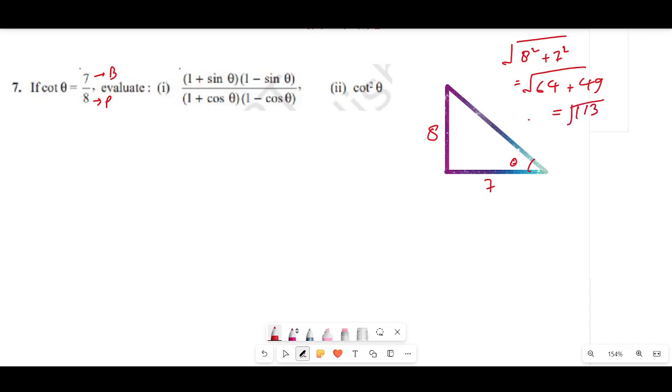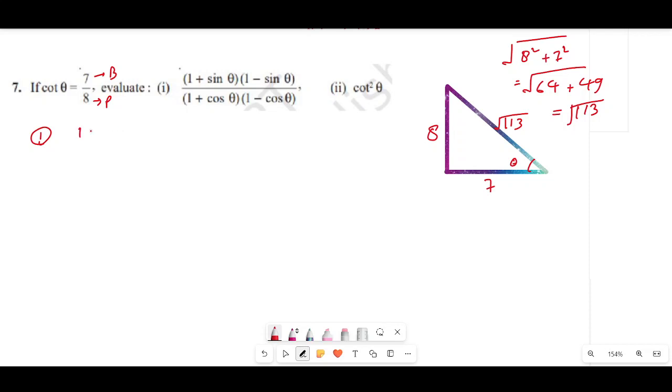Clear? Now here we will write square root of 113. Now find out the value of 1 plus sin theta and 1 minus sin theta. First we should multiply both terms.